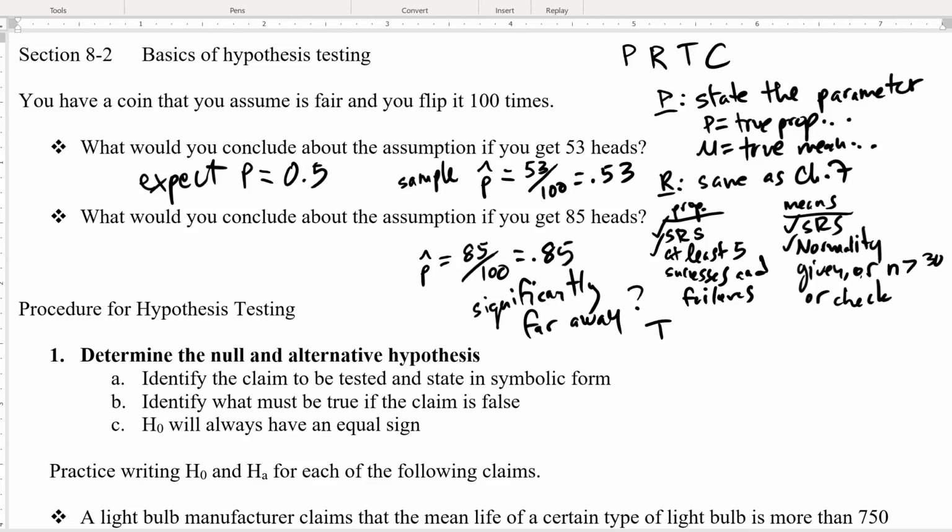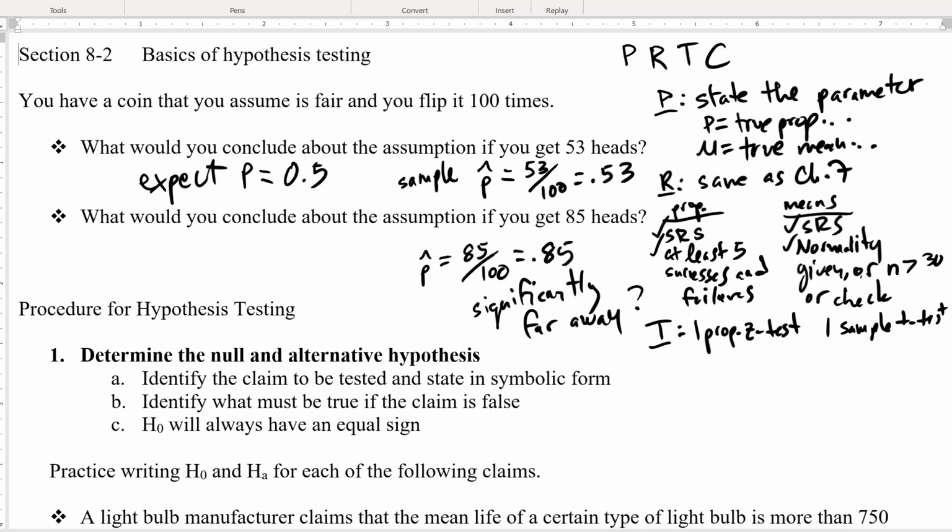The T is going to be a little different. We are either going to have a 1 prop Z test, that will be for proportions, or we will have a 1 sample T test, and that will be for means.